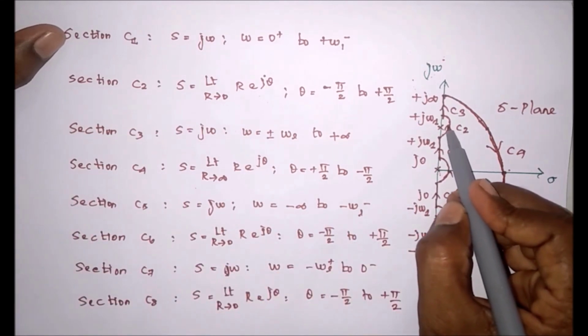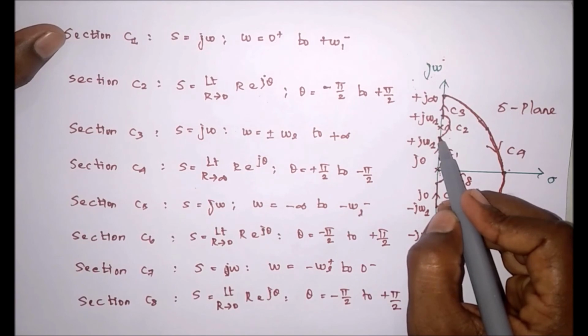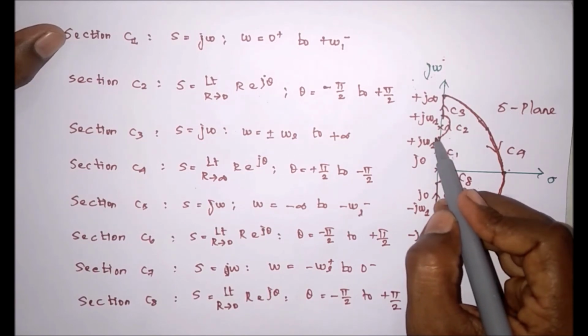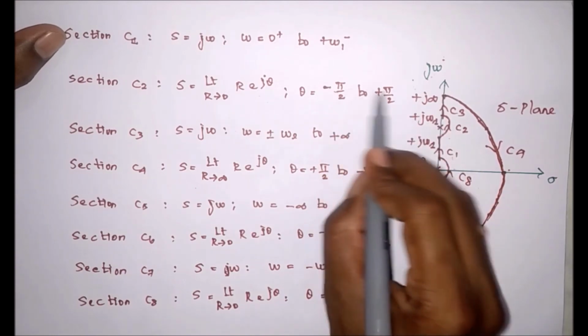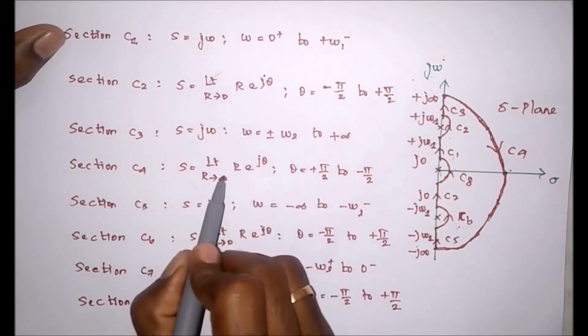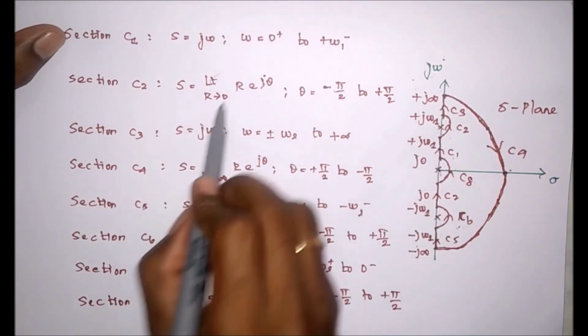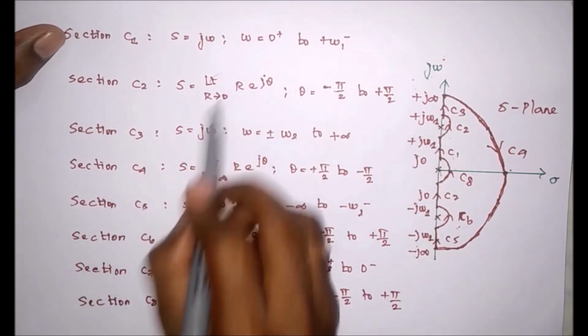For section C2, its radius is 0, as we know already, and its angle goes from minus π/2 to plus π/2. For the semicircle we have to substitute like this, with radius 0.